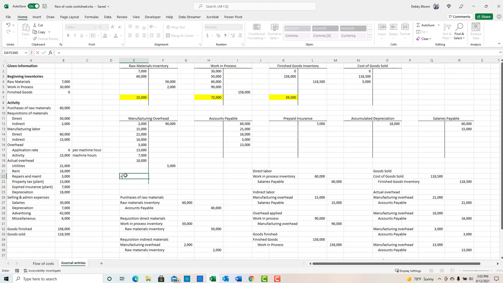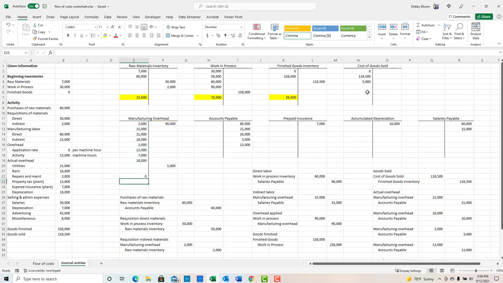Notice now we're going to increase manufacturing overhead by 2, 15, 21, 16,000, 3, 13, 7, and 18. But now, after our final closing entry, we're going to decrease it by 90 and decrease it by 5,000.